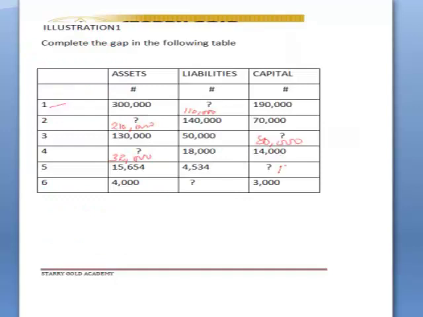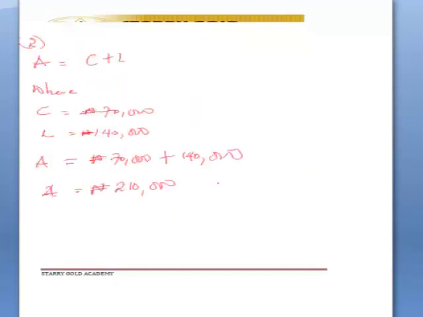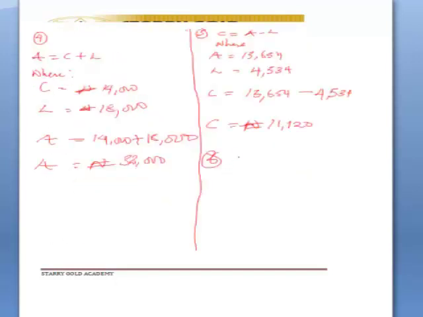Question 6, we will be looking for liability, where A is 4,000 and the capital is 3,000. So liability here is just 1,000. But let's go and work it out. Solution 6. Liability is what we're looking for.